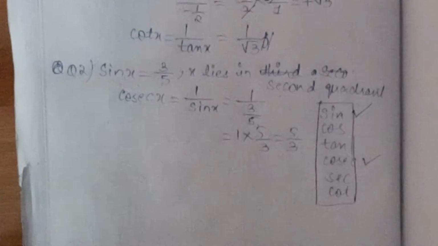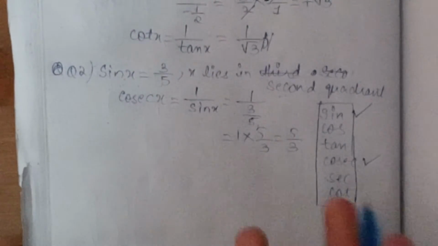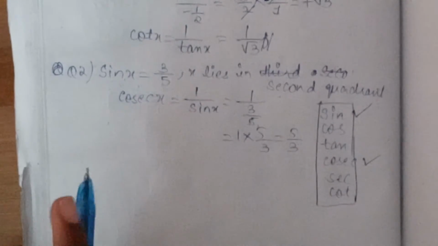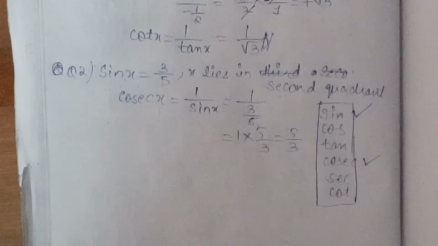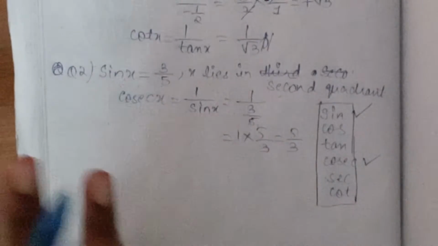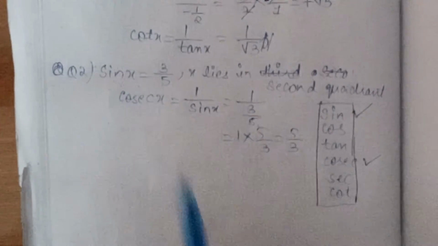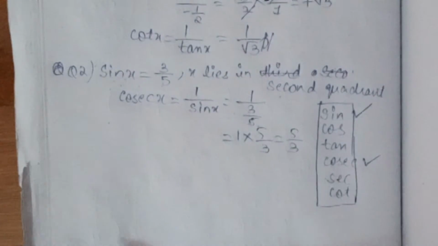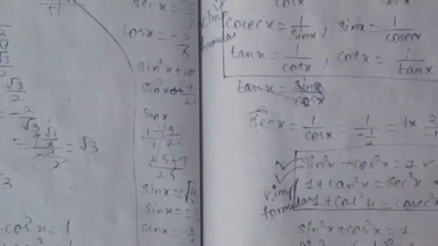As I said just before, we have some equations, that is sine square x plus cos square x is equal to 1, and the other two, using these three equations we can find the other values also.